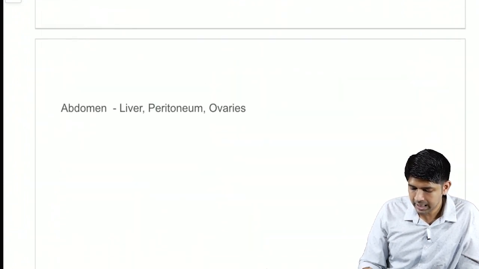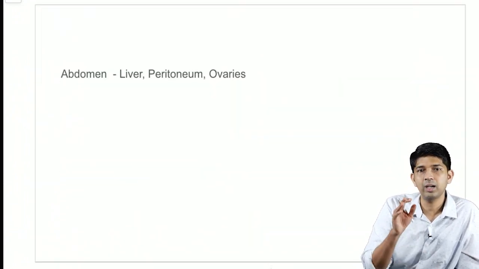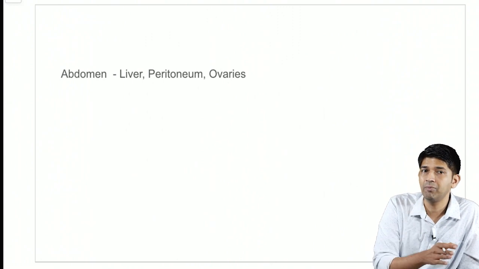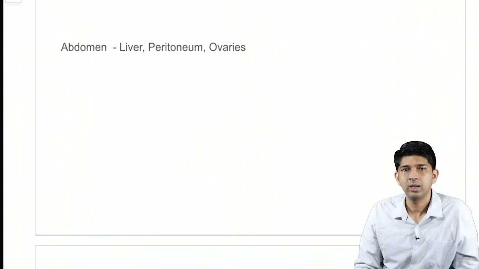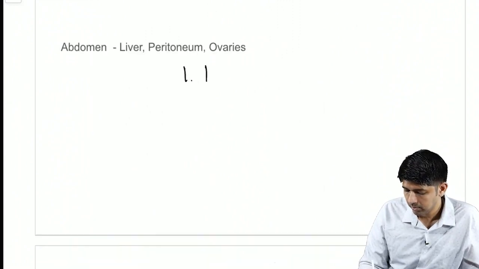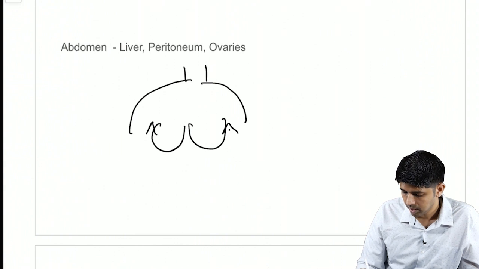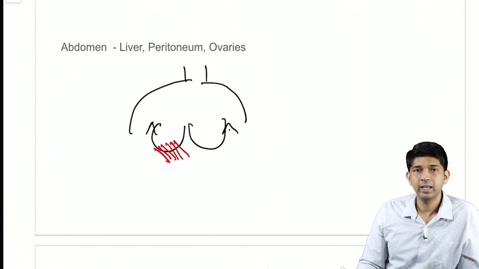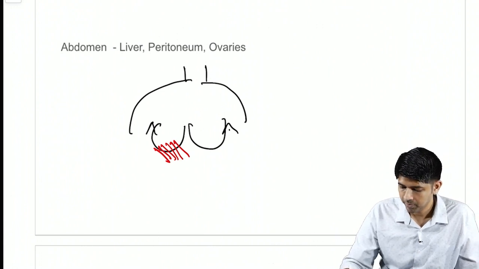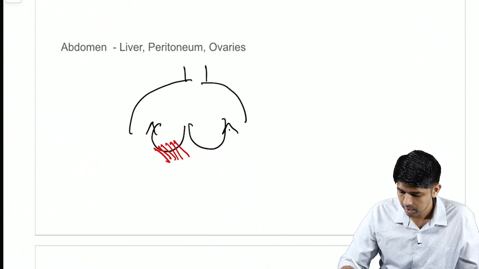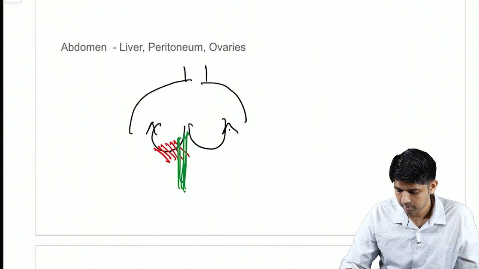Now let's look at each particular system and how it is affected, whether by lymphatic or hematogenous spread. Now in the abdomen, if this is the breast, we discussed that the external oblique muscle is in close relationship with the breast. So is the rectus abdominis.